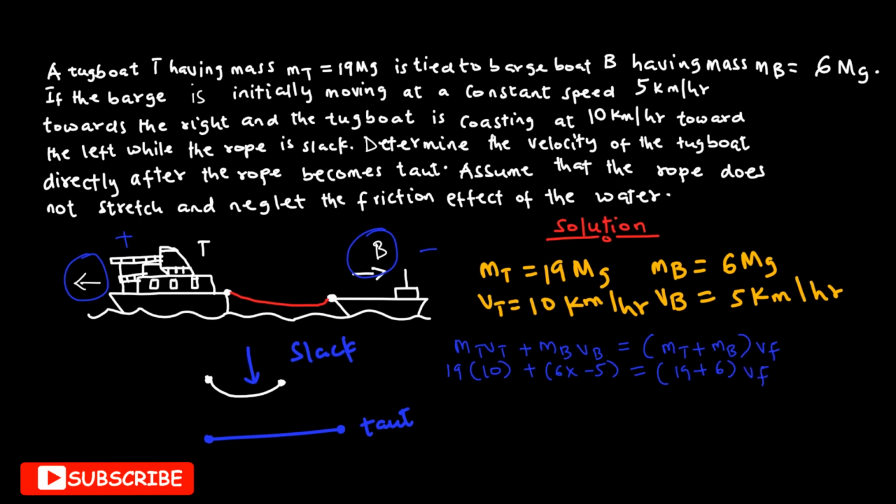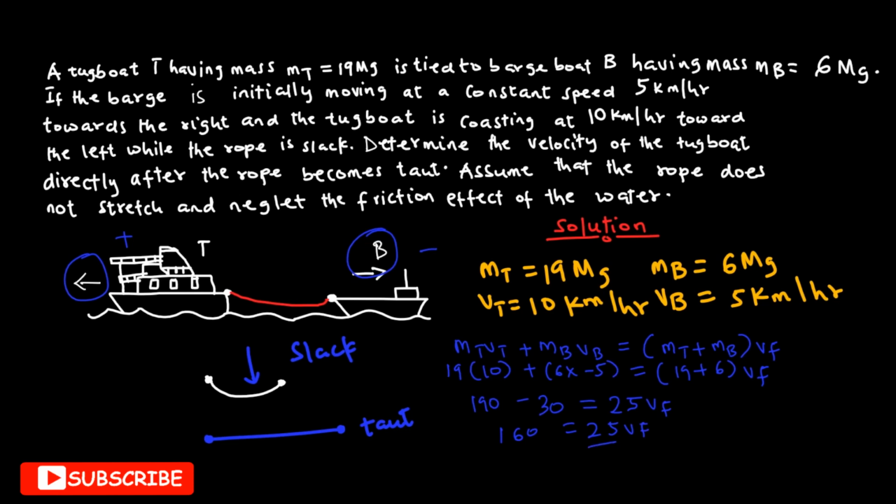Let's simplify this. 19 times 10 gives 190, and minus 6 times 5 gives 30. On the right hand side, 19 plus 6 gives 25, multiplying the final velocity. So 190 minus 30 gives 160, and that will be equal to 25 VF.